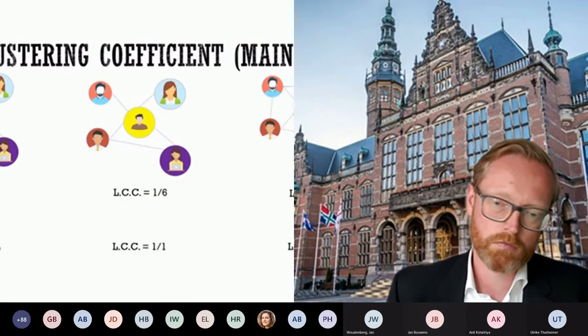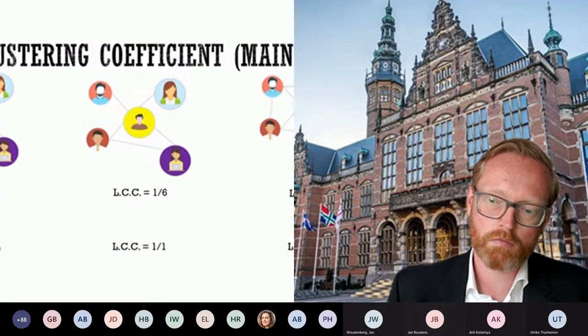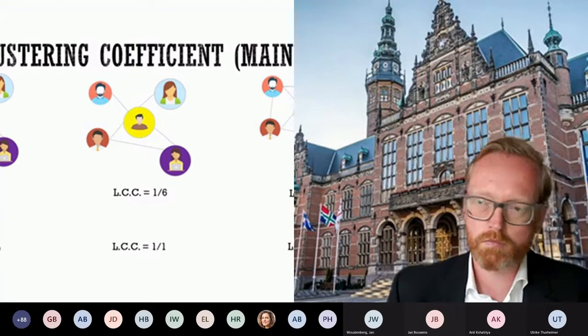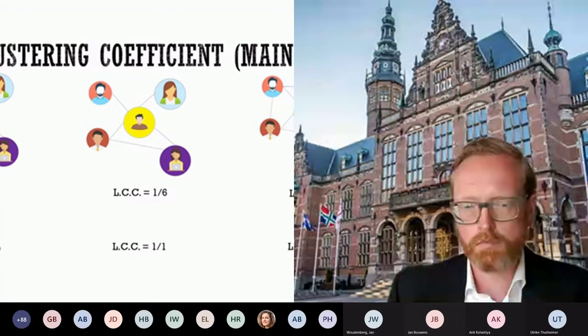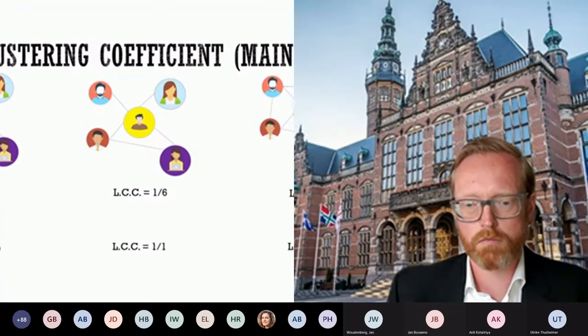And what you measure with the local clustering coefficient is the extent to which the ties of, in the first case, the guy in yellow, are themselves connected. If you look at the first example, the 4 people connected to the guy in the yellow circle are not connected at all.